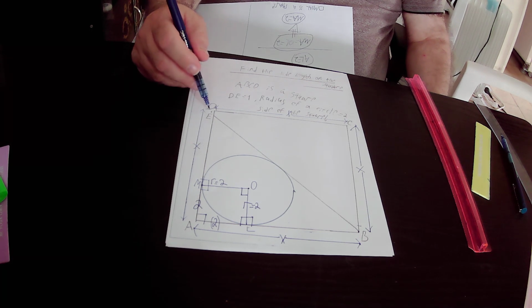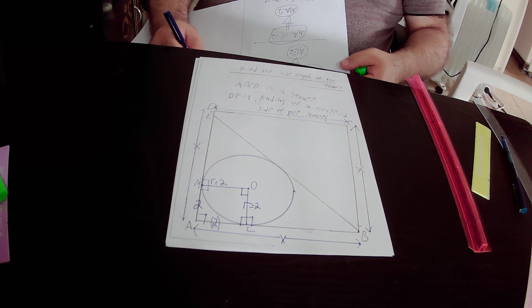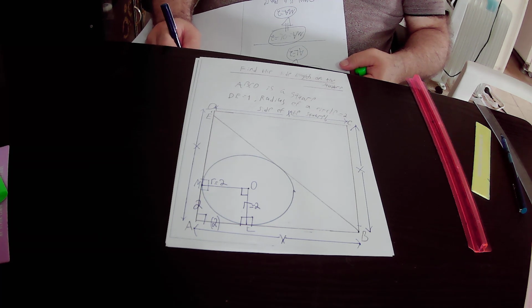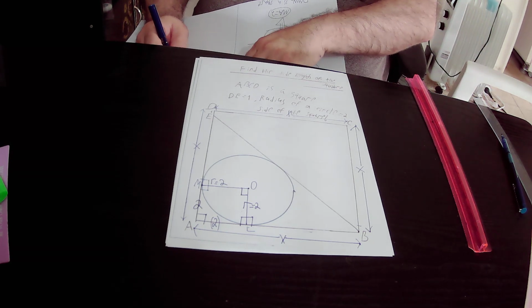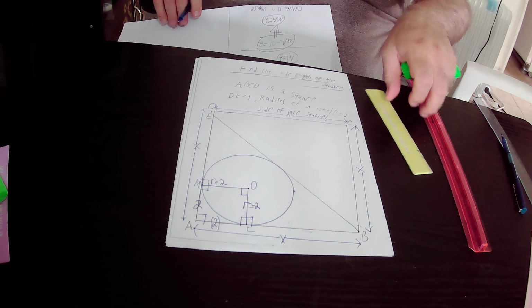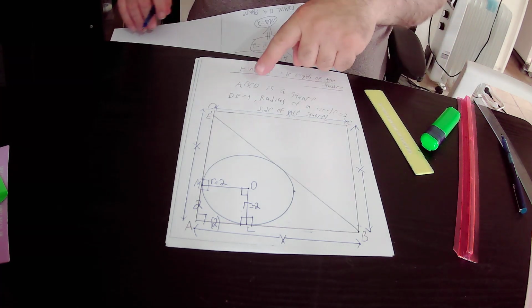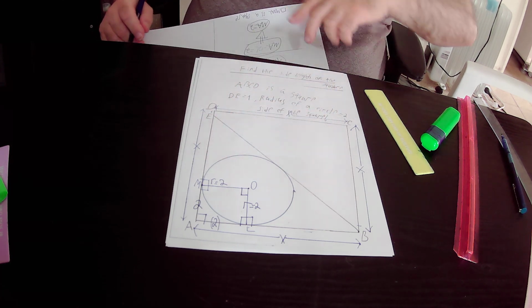So we'll focus on the common external point, point E. From the common external point, point E, we have two tangents to this circle. The first tangent is tangent EM.